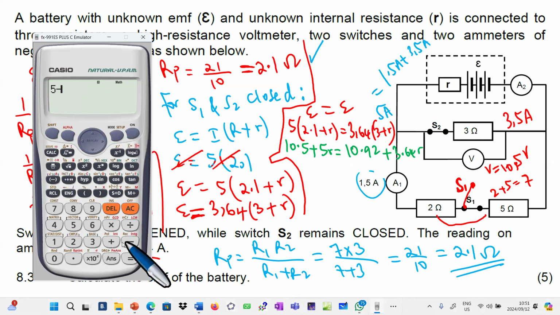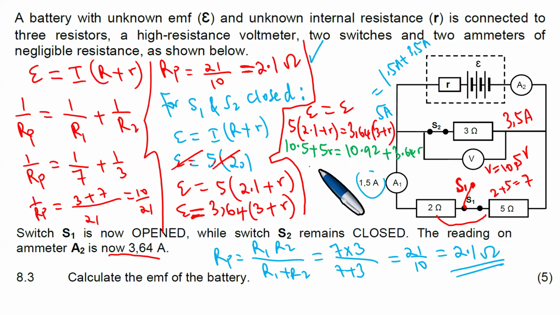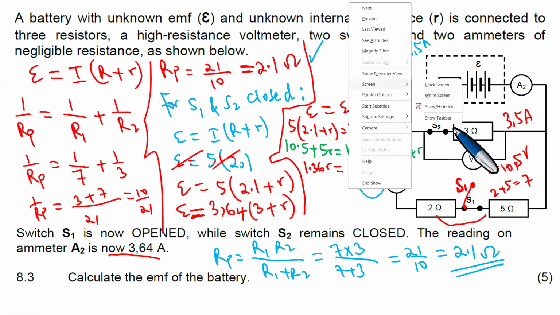So you have 5 minus 3.64, which is 1.36, so 1.36R equals 10.92 minus 10.5.